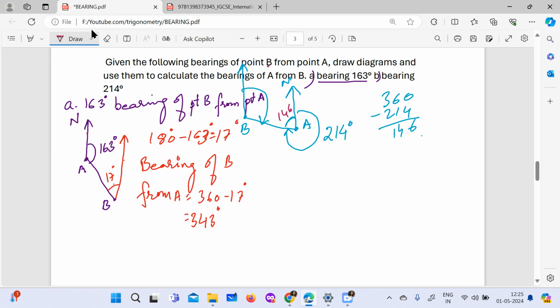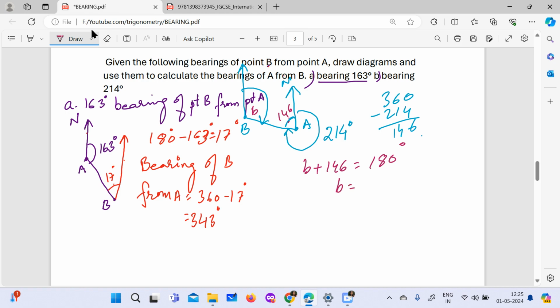So we got this. This is 146, and then we know that this angle and this angle are a pair of co-interior angles. The sum of co-interior angles is 180 degrees. So let me mark this as B. So you will have B plus 146 equals 180 degrees.